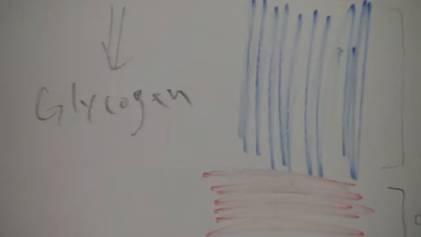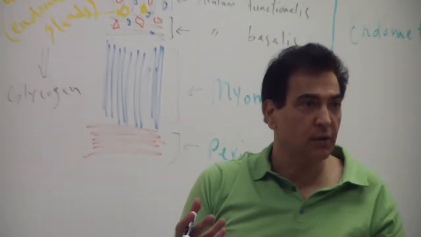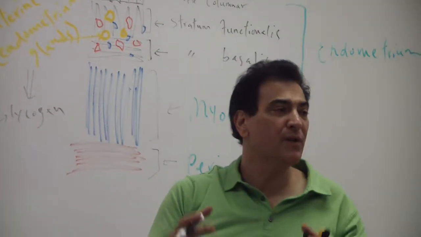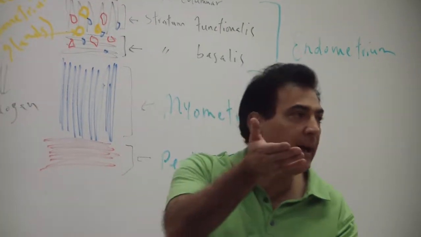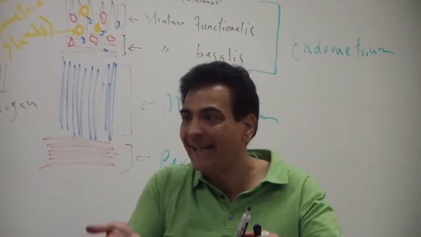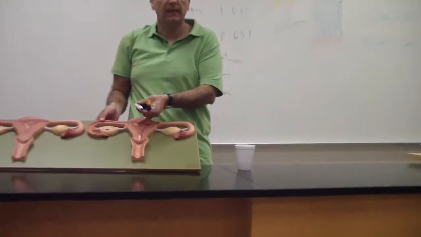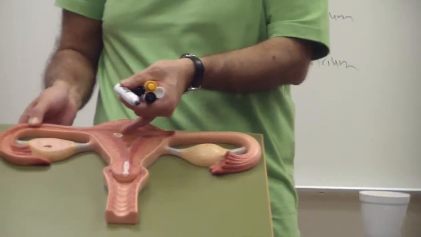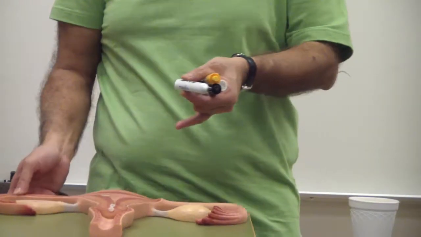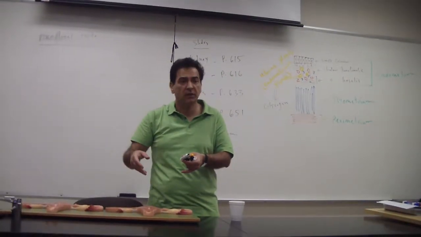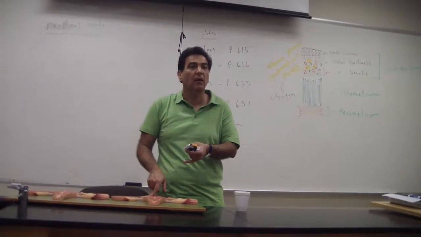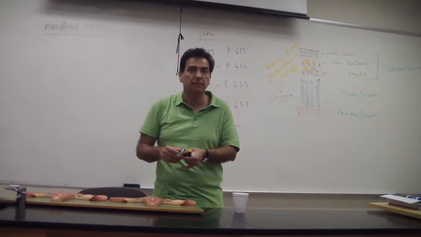And as you know, glycogen is a polysaccharide. It's sugar, right? So that would be a good source of food for the zygote, or you call it egg. Once the egg implants itself to the wall, these endometrium glands secrete what? Glycogen, which is a very good source of food for what? For the zygote, or for the egg.